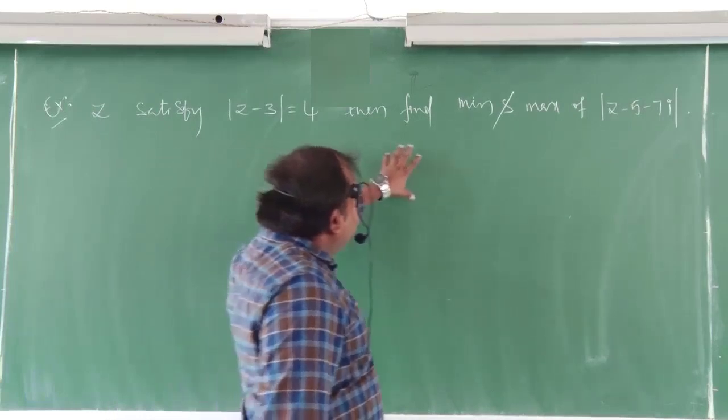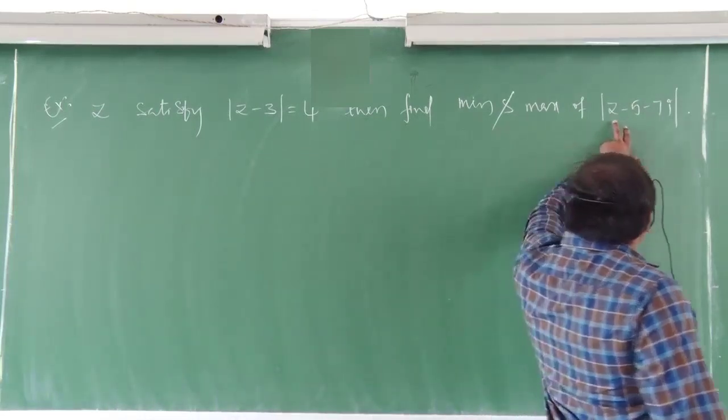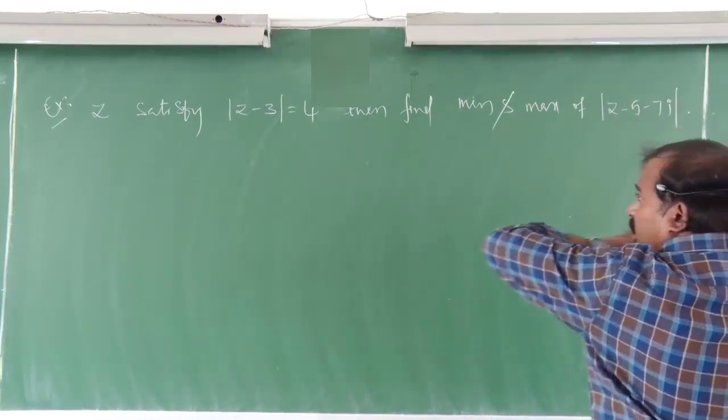Then find the minimum and maximum of modulus of z minus this value.